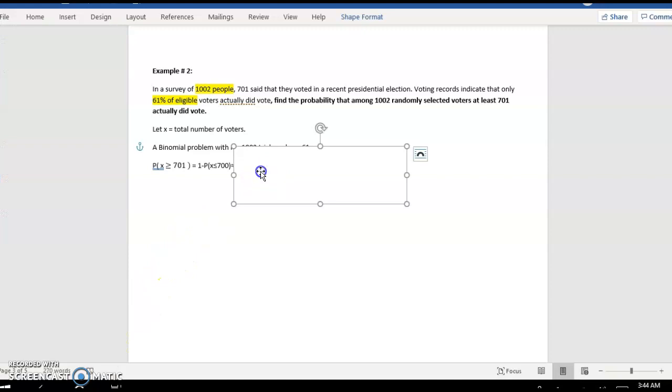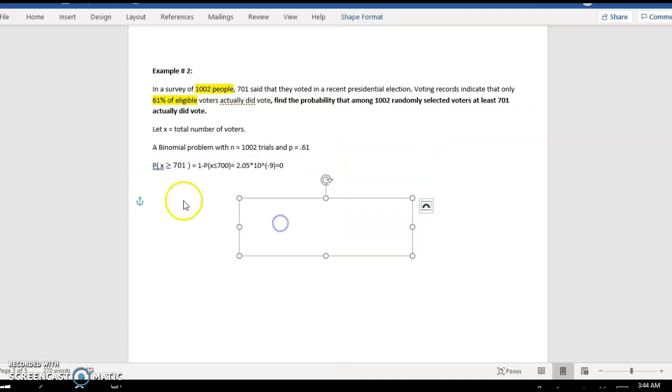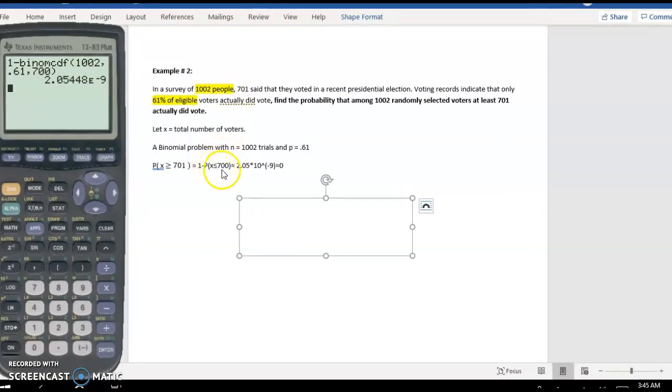In this case, the probability that x is greater than or equal to 701 translates to 1 minus the probability of x less than or equal to 700, which ends up being almost 0.